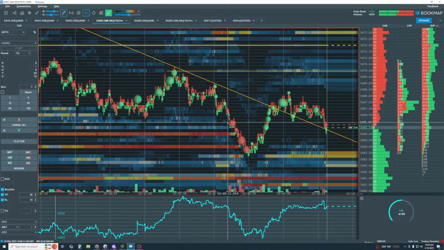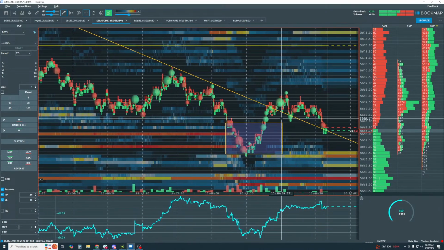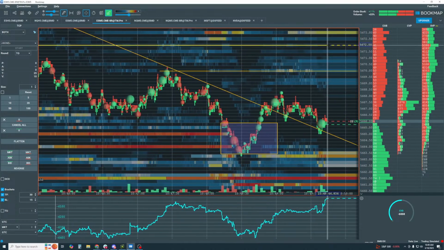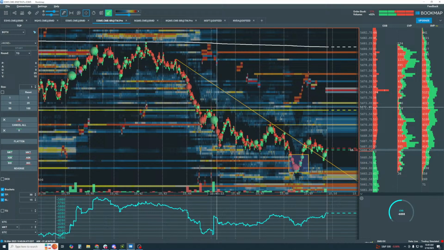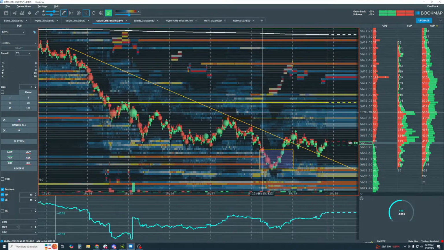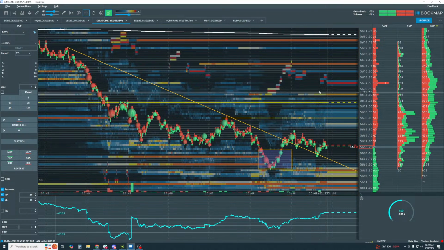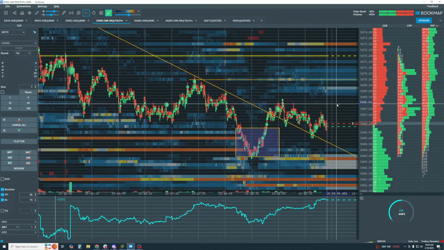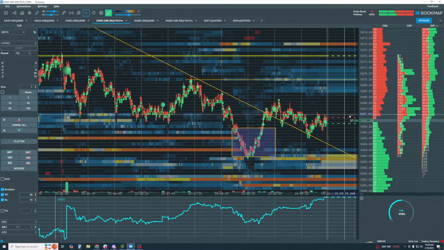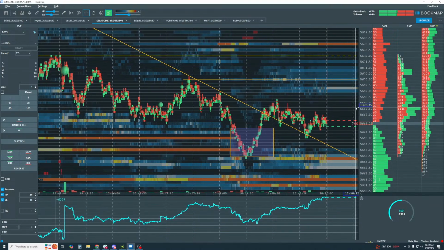So we may see the buyers come back in for a retest back up, at least to point of control, which is a nice structural area we mentioned earlier as well, or the swing up here at 70. So we've got some trap volume here potentially, and we'll see.